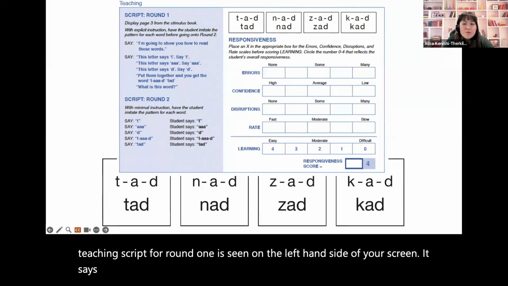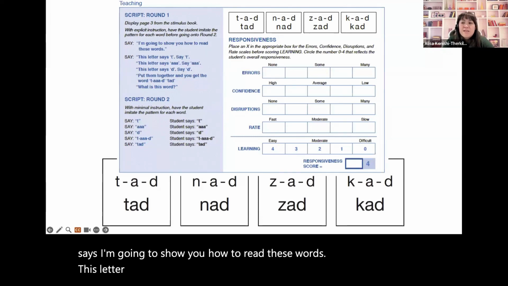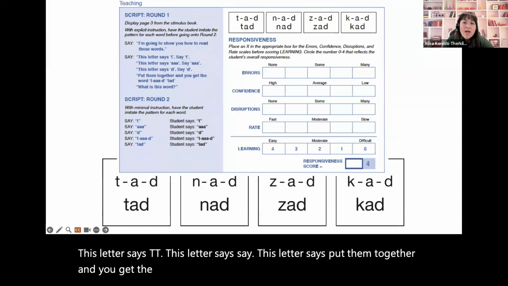It says, I'm going to show you how to read these words. This letter says, a. Say, a. This letter says, d. Say, d. Put them together, and you get the word, ad.